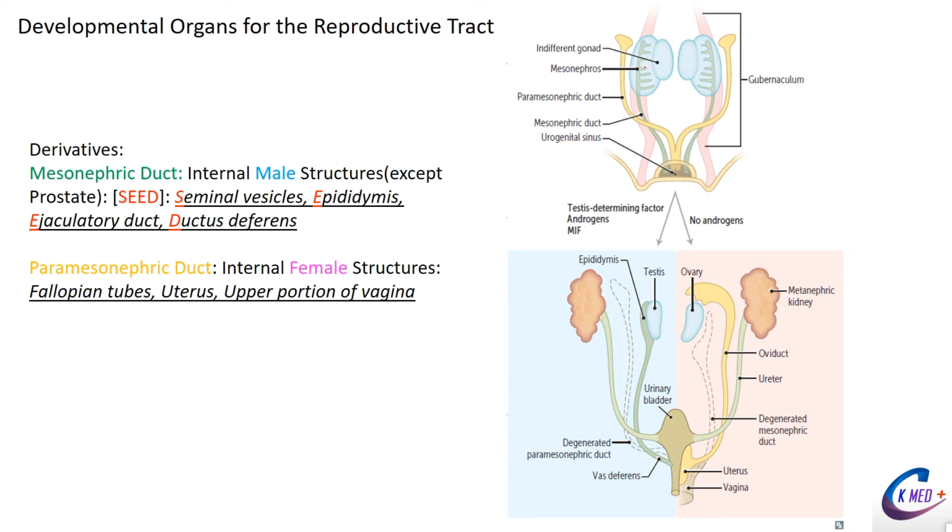So we have this undifferentiated gonad, and we also have this mesonephros and mesonephric duct, and we have this paramesonephric duct, which is the yellow here. So this yellow is female stuff, and this green is male stuff.